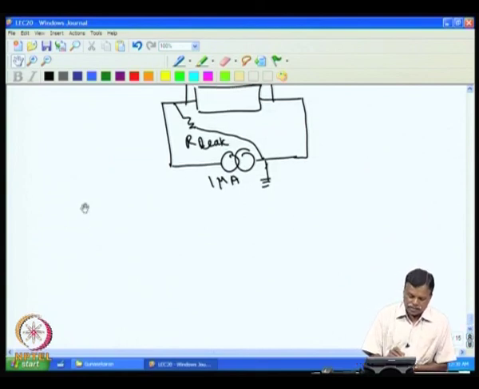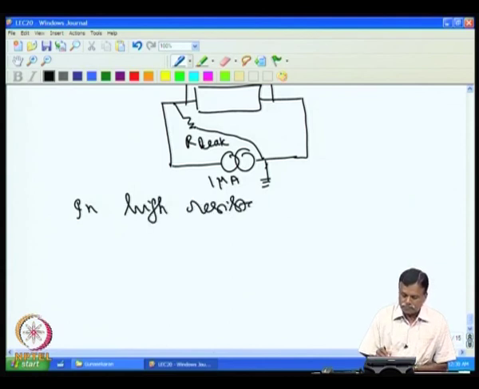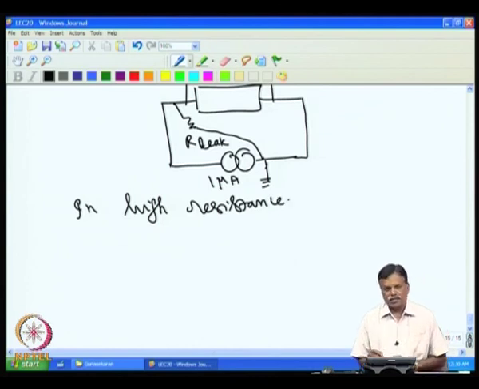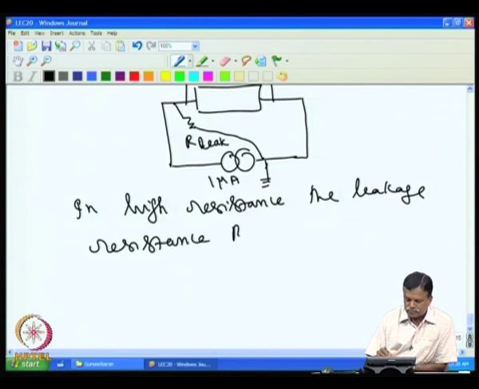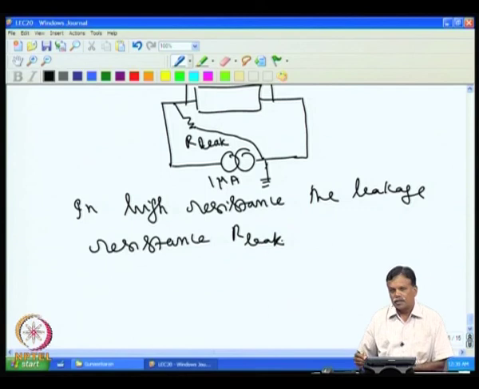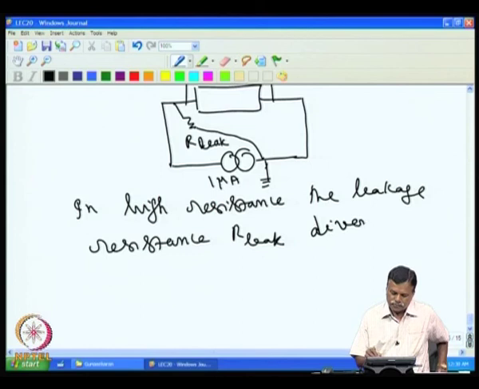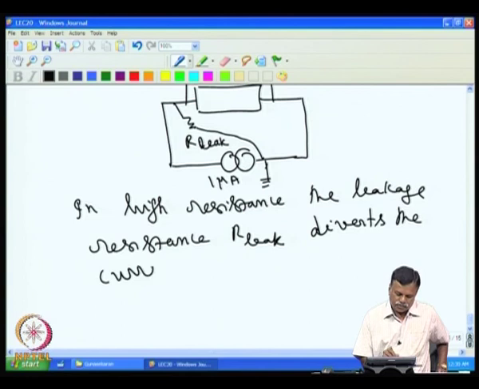So, in high resistance, the leakage resistance R leak diverts the current that is coming from the constant current source.